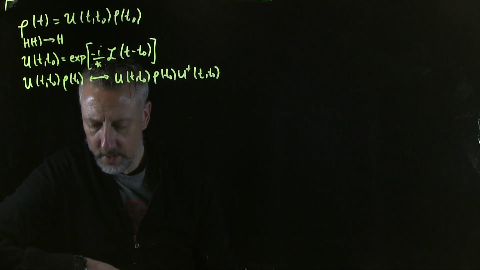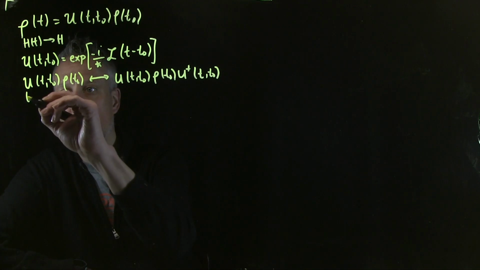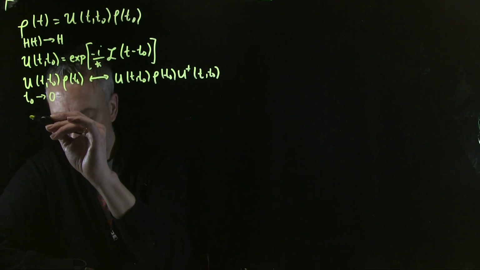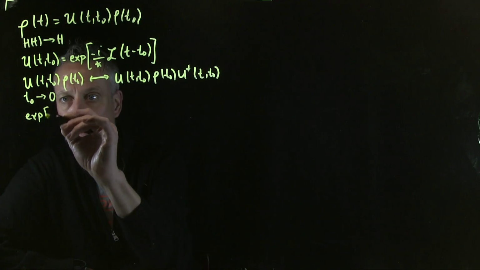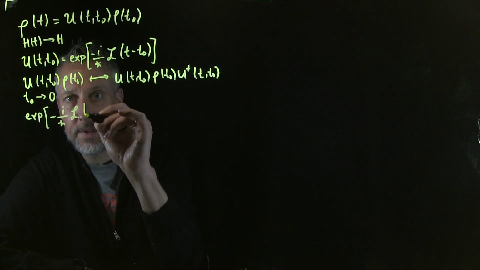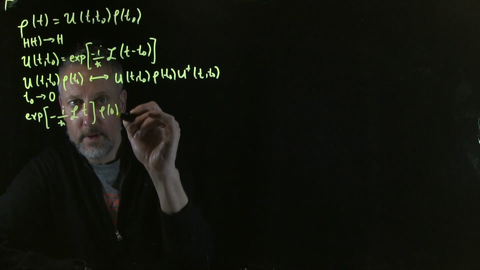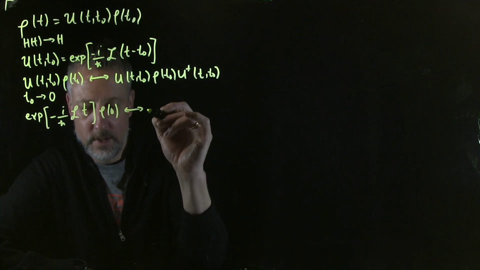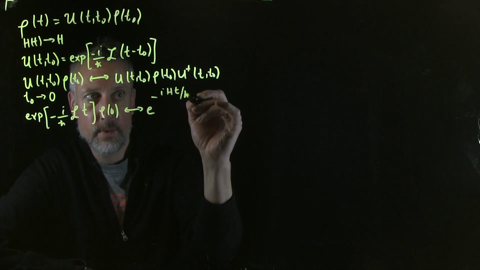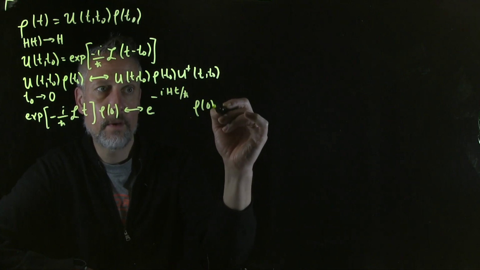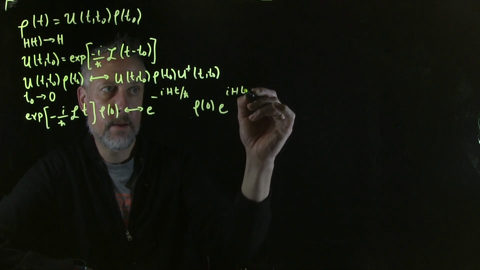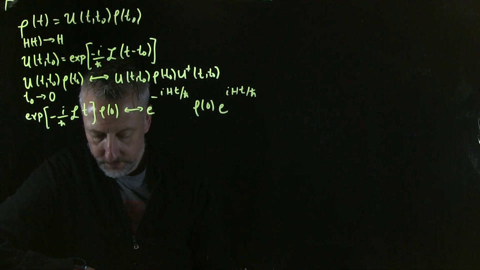Okay, and so for example, if we set t0 equal to 0, just for simplicity of the notation, then we can write down that e to the minus i over h bar L times t acting on rho of 0 corresponds to e to the minus i H t over h bar times rho of 0 times e to the plus i H t over h bar, because it's the dagger.